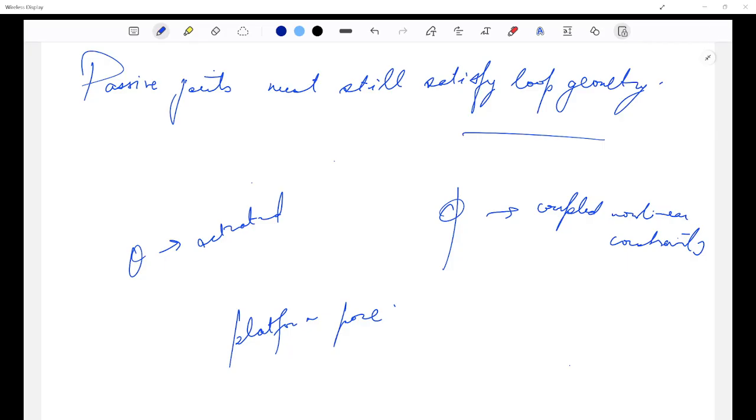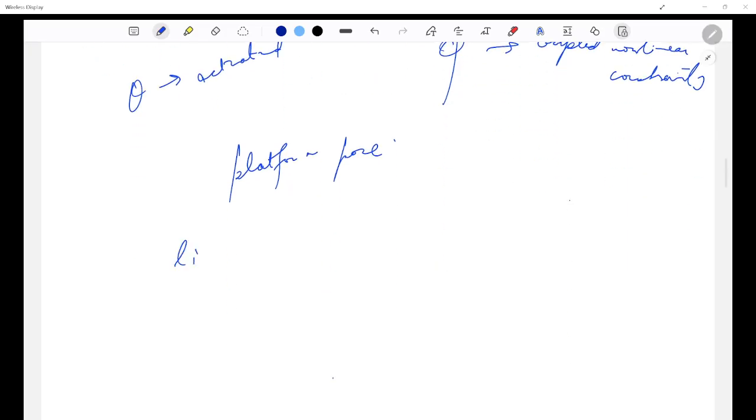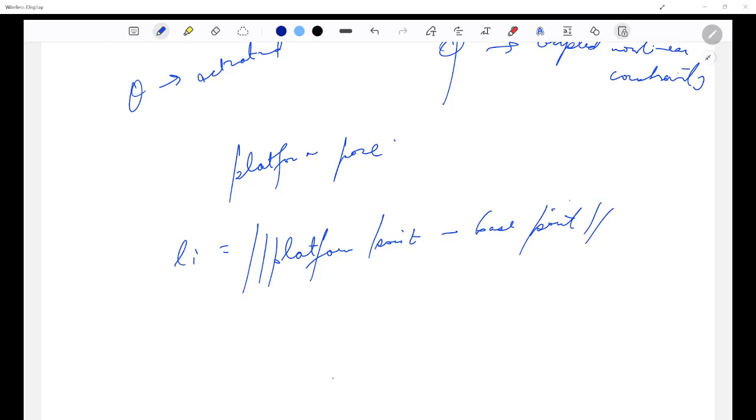If I want to compute just Li, it would be very simple because it would just be the platform point for that link minus the base point. So no global nonlinear elimination is needed.